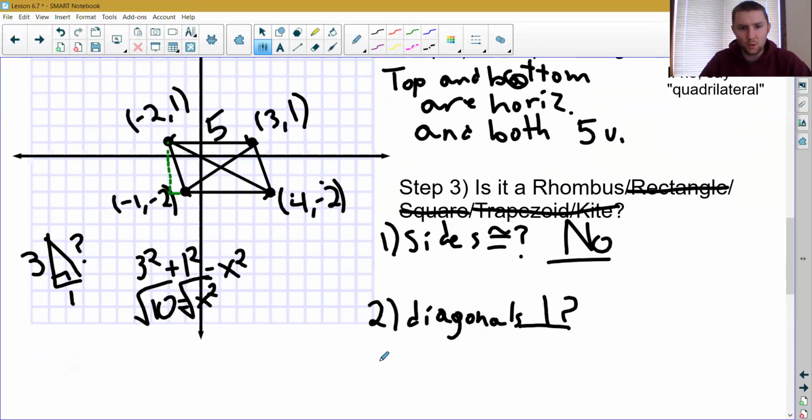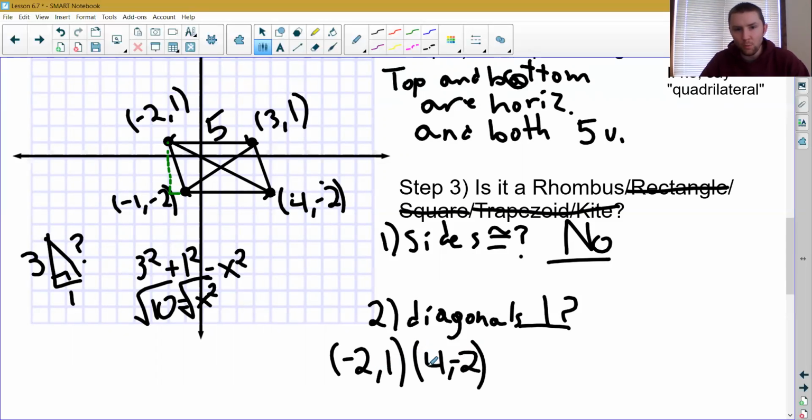So I'm going to first work on this diagonal here. I'm going to write down these two coordinate points: -2, 1, and 4, -2. Make sure that's a negative.